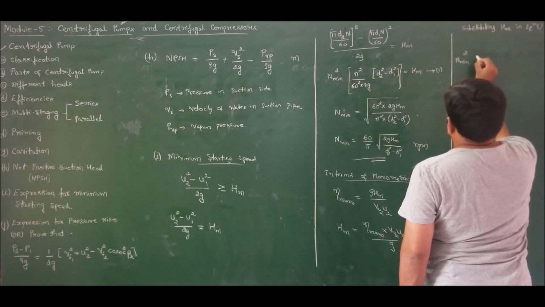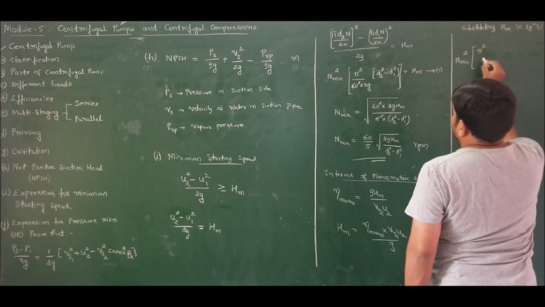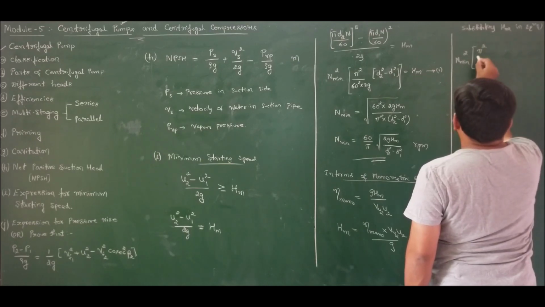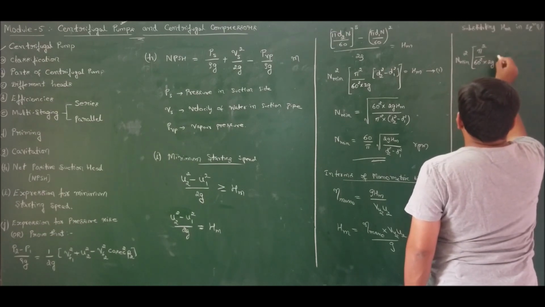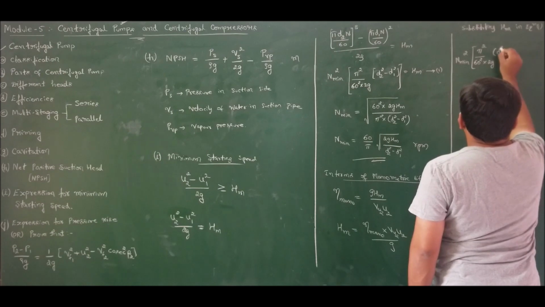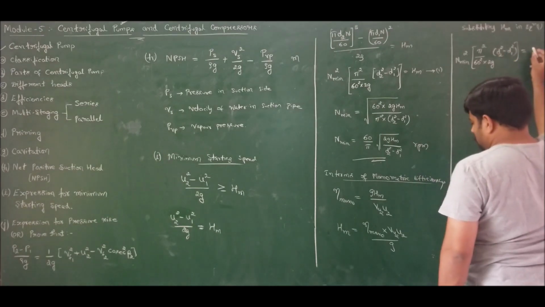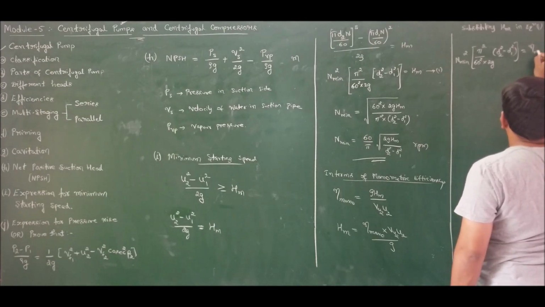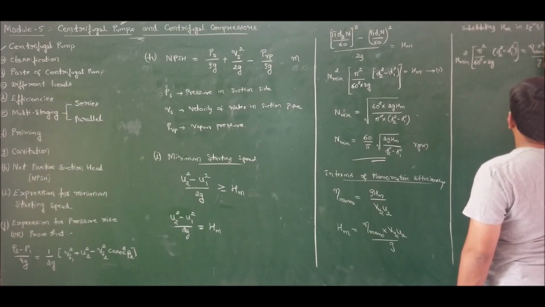N minimum square into pi square by 60 square into 2g of d2 square minus d1 square is equal to eta mano by g into Vu2 U2.